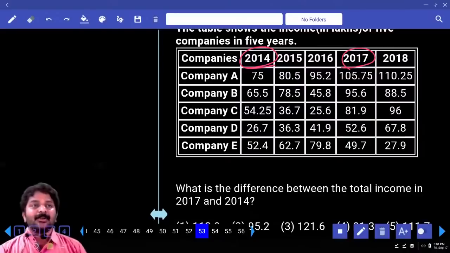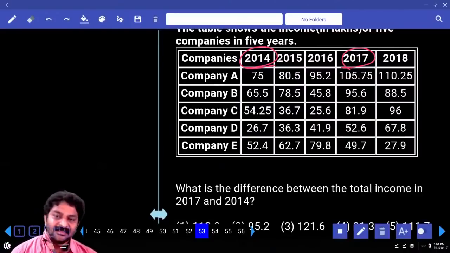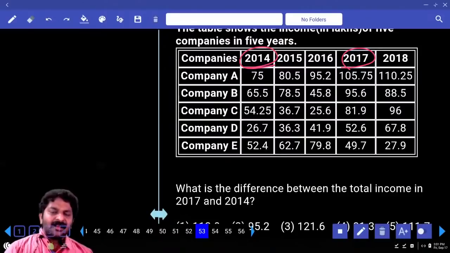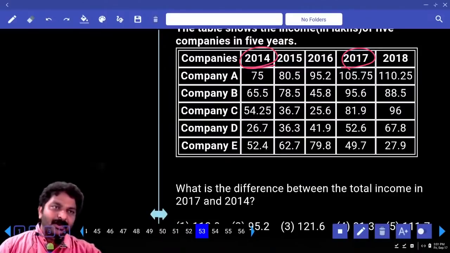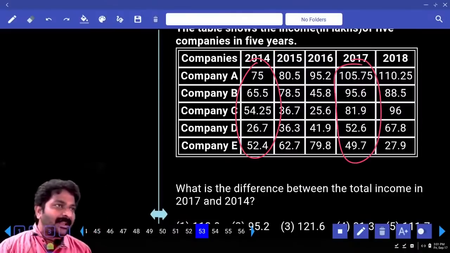Which is more, 2014 or 17? Company B, which is more? C, D, E. Of course, for E the 2014 value is more, but definitely 2017 values are more than 2014 values. By using common sense, we can decide.